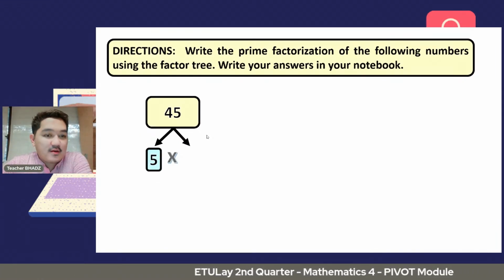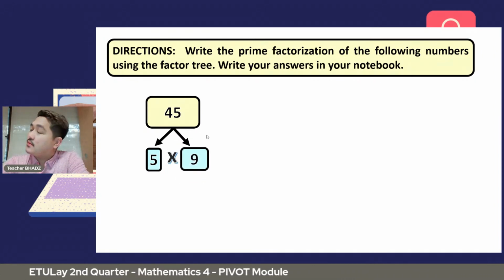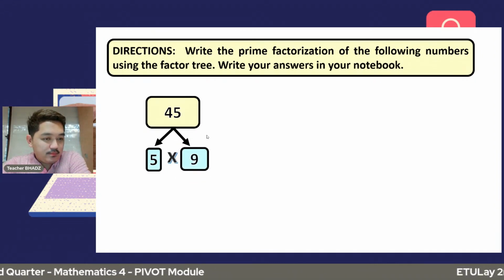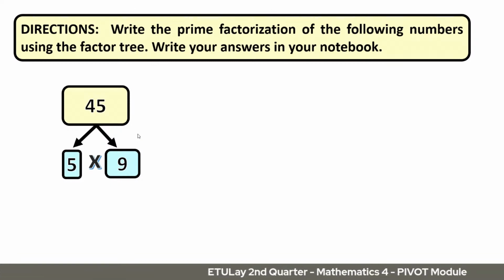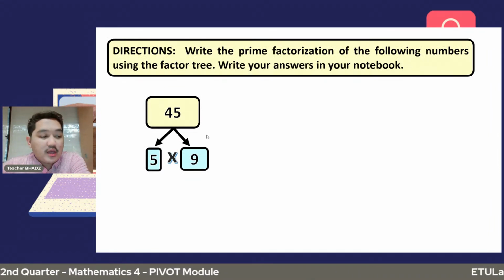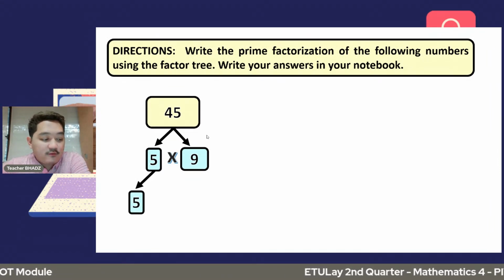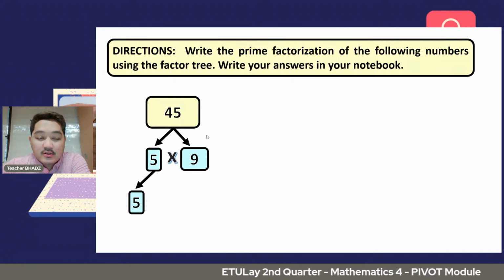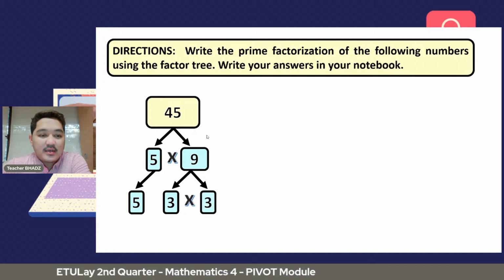And we have 9. So, after this, ang 5, prime number na siya. So, we need to bring down 5. And we need to get the factors of 9. Factors of 9 ay, we have 3 times 3.